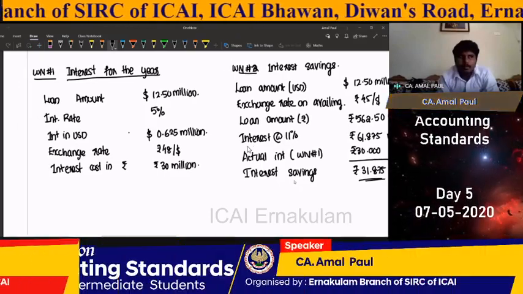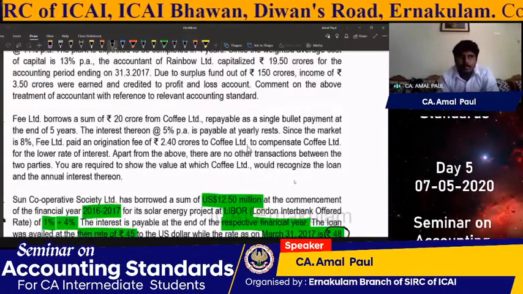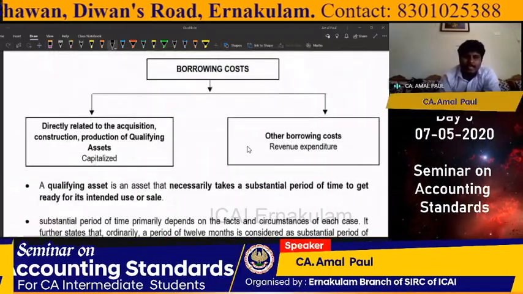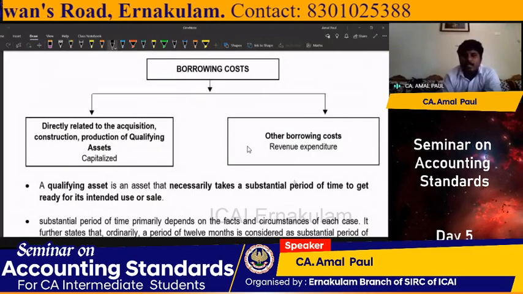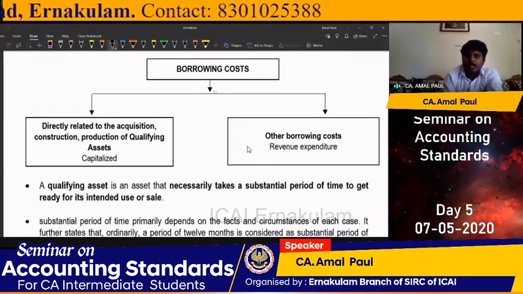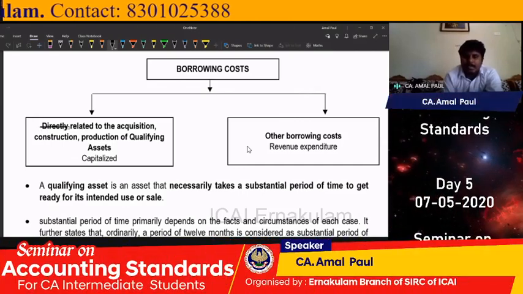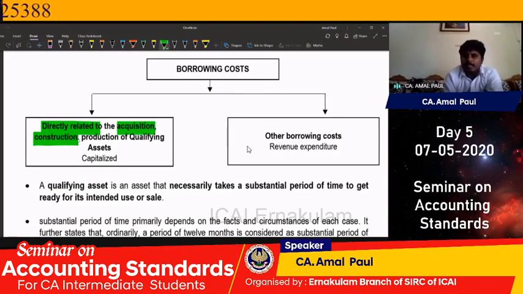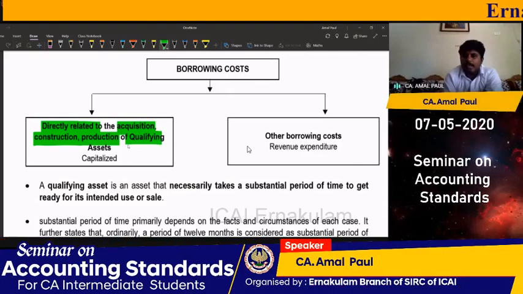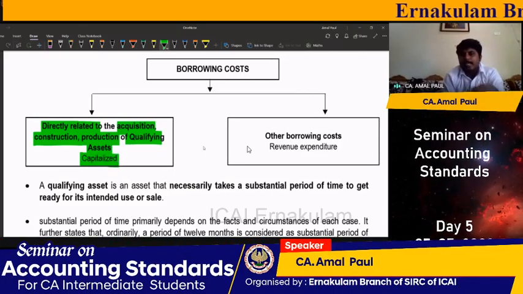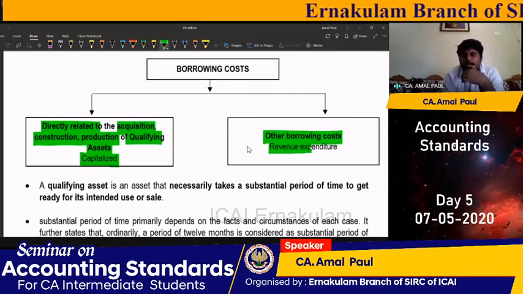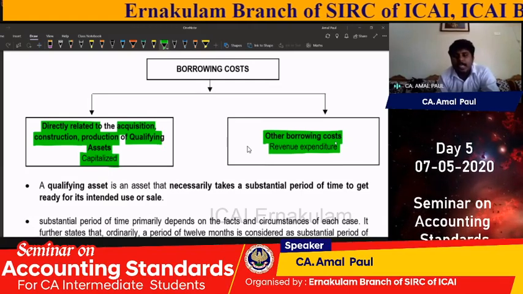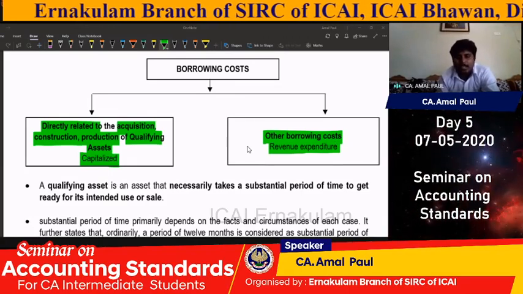Yes, sir. Okay, so the next one we are going to discuss is borrowing cost. I had said that the core principle of the standard is that whatever borrowing cost is directly related to acquisition, construction, or production of a qualifying asset, this alone will be capitalized, and other borrowing costs we will take as a revenue expenditure, just an expenditure.